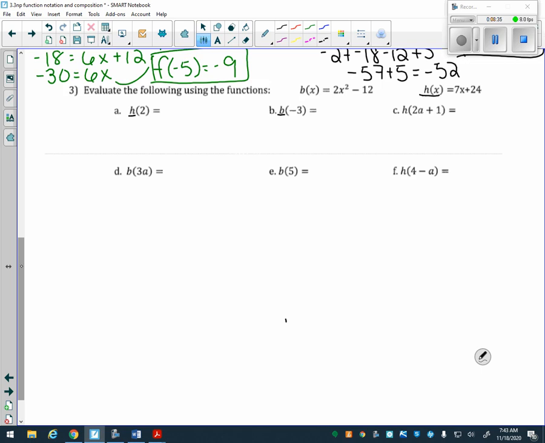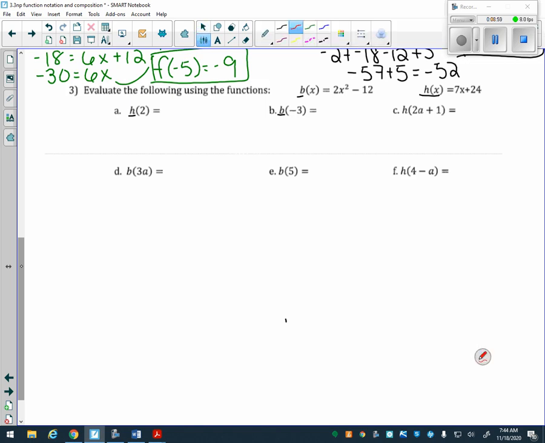However, in B, it says b of negative 3. I'm going to use the b function. So those should be pretty straightforward. We're going to go through C and D together, and then you're going to try the rest on your own and check your answers.